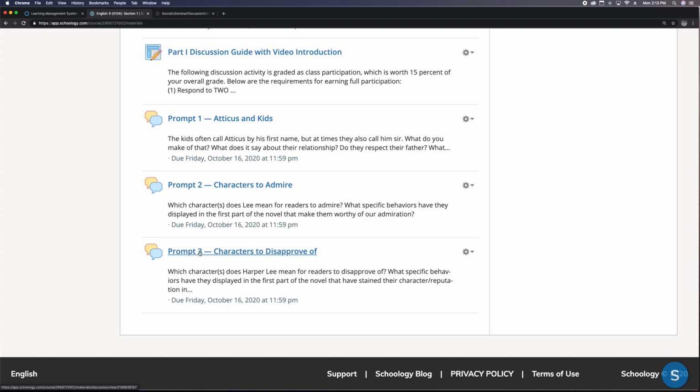You can go in and edit what you write, but you're going to respond to 2 of these 3 prompts without being able to see what other people have written until you're done, or you've submitted your responses. And that's important because you need to have your own thoughts in response to these 2 of these 3 prompts.